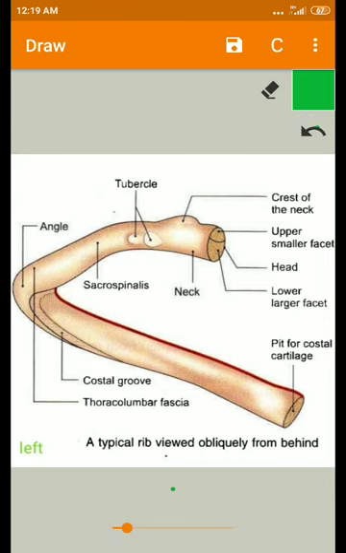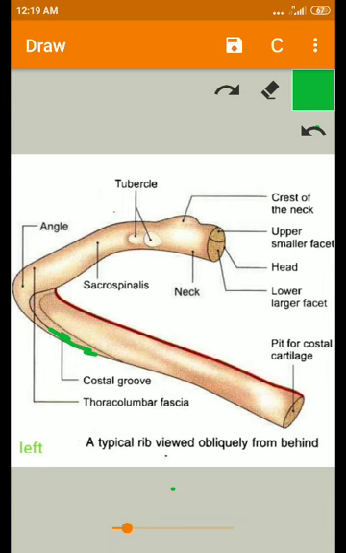So the costal groove is giving origin to the internal intercostal muscle, which gets inserted on the superior border of the next rib. Don't get confused.